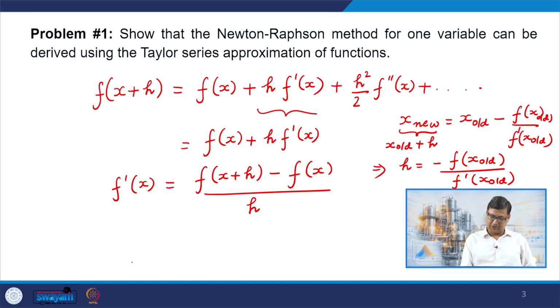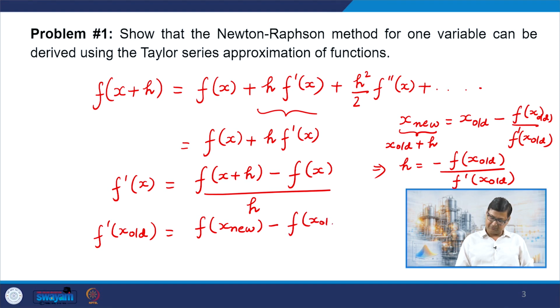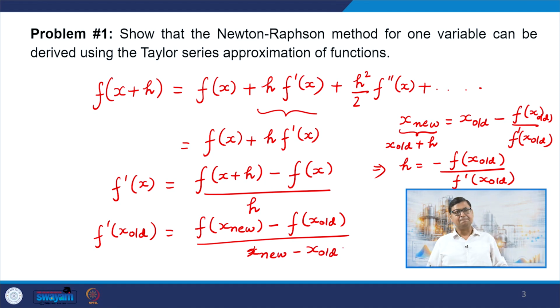Now, if I plug it in there, what are we going to get? If I put x equal to x old and x plus h equal to x new, we are going to have f prime of x old equal to function of x new minus function of x old divided by x new minus x old.